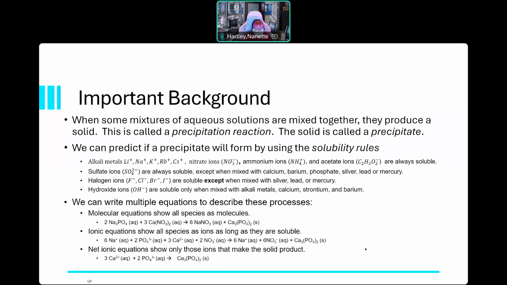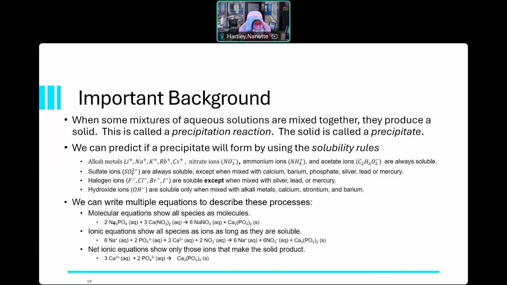And when we have a precipitation reaction, we can write multiple equations to describe those processes. We can always write these three equations when a reaction happens, but we typically do it most often for precipitation reactions. There are three types. One is the molecular equation, which is what we've been writing so far. Everything is shown as a molecule, and we typically indicate the physical state afterwards.